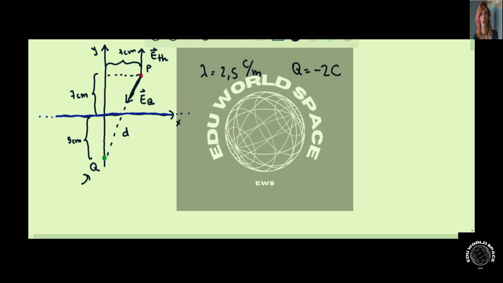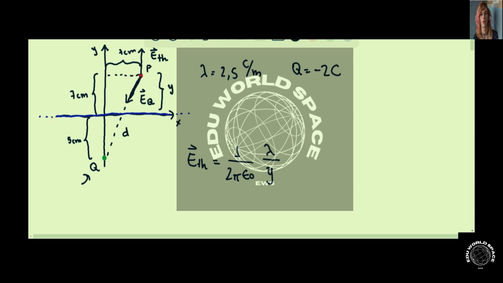With this in mind, we first need to write the electric field produced by a uniformly charged thread and by a point charge Q. For a thread, the electric field is the following: this term and also the linear density over the distance to that point P, which in this case we know is 7 centimeters.